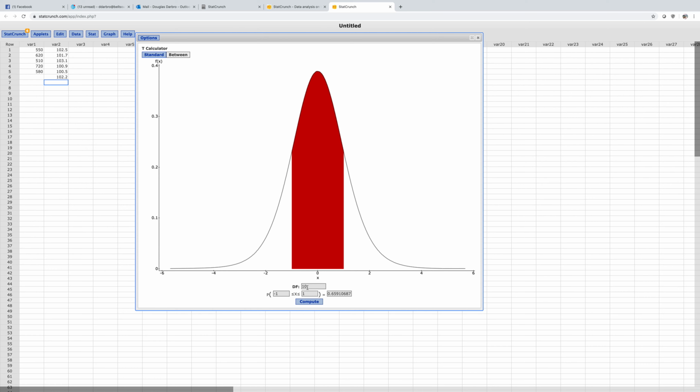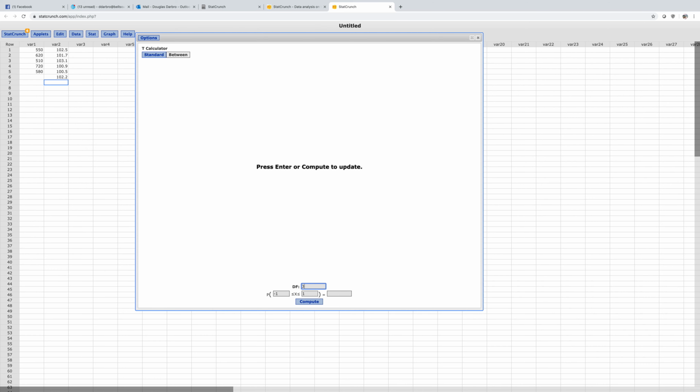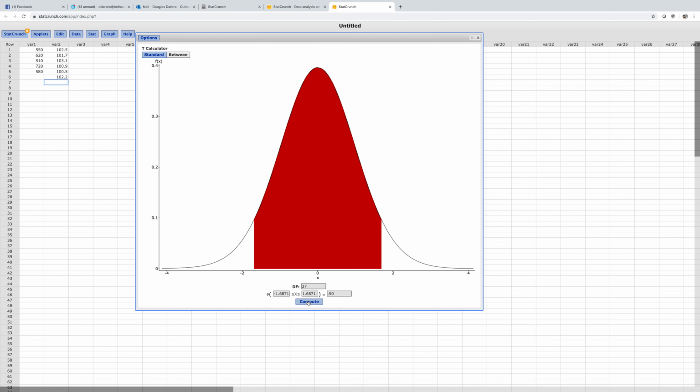I made a joke in class that degrees of freedom are extremely difficult to find. They're not. They will become pretty hard to find when we get into other stuff, but right now it's pretty easy. So for a t critical for 90%, I would do 0.90, so plus or minus 1.6871 is the t critical.